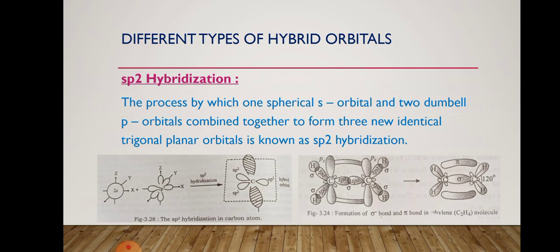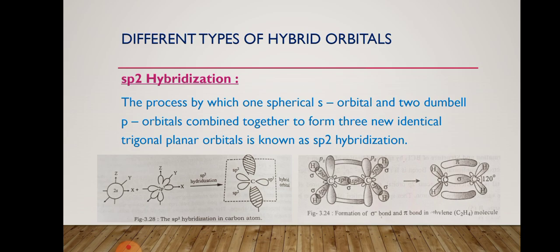Now I would like to discuss sp2 hybridization. The process by which one spherical s orbital and two dumbbell p orbitals combined together to form three new identical trigonal planar orbitals is known as sp2 hybridization.